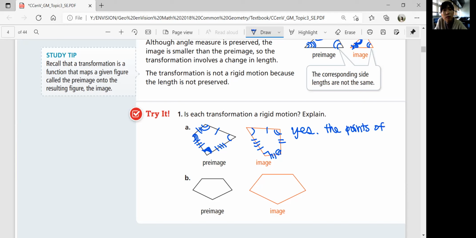The points of the image are in reverse order, so it's like a reflection. But the length and angle measure are preserved. So it is a rigid motion.